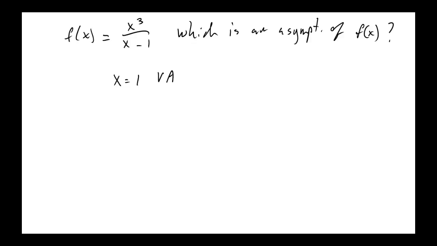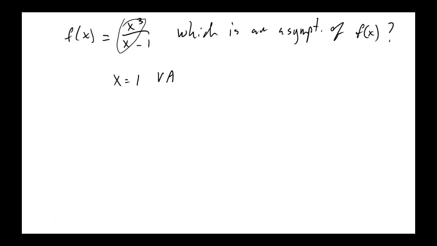Now, the question is, does this have a horizontal asymptote? Horizontal asymptotes are where you look at the ratio of the leading terms. And what's that? It's x squared. Vertical asymptotes are where the function is not defined, and obviously it's not defined at x equal 1.